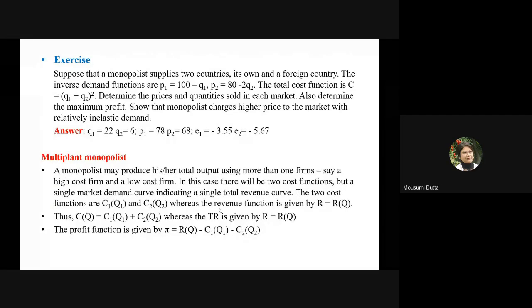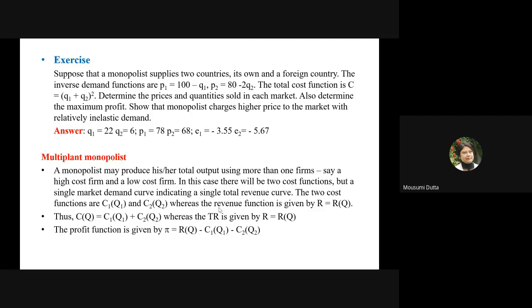Okay, so let's stop here. You check and complete all the exercises. You check the price discrimination chapter from Pindyck and Rubinfeld. We will come back from this point. On Wednesday, we will try to complete all these issues. Then we will move to the multi-plant firm.